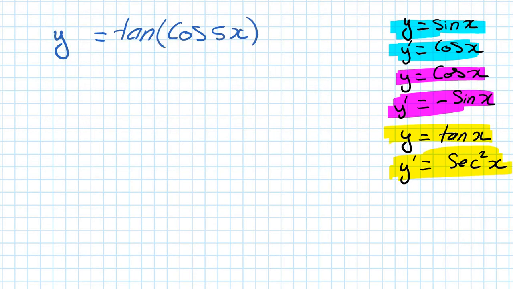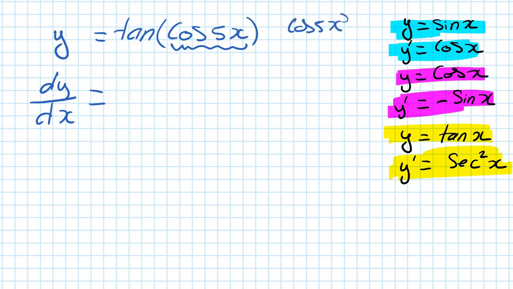Then you go dy dx, differentiate this. Power angle trick, no power, so differentiate the angle, then differentiate inside here, the angle as well, and the trig. Differentiate cos of 5x: differentiate the 5x first, give me 5, and then differentiate the trig, give me minus.